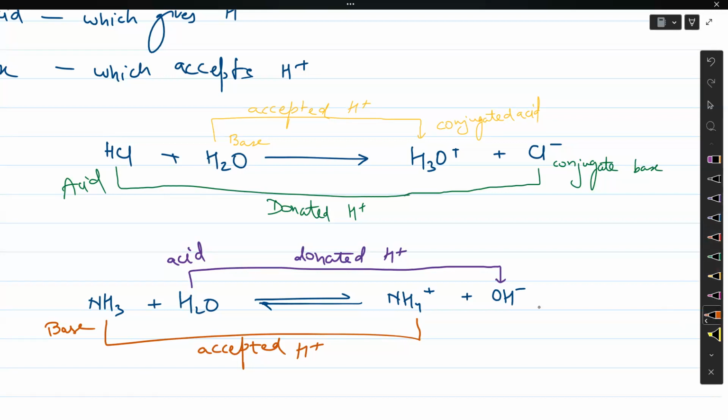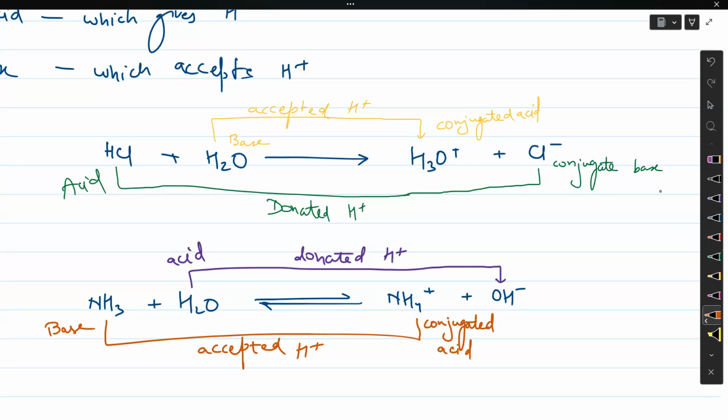बताइए. Conjugate what? Acid or base? बोलिए. बेस से एसिड होगा ना.